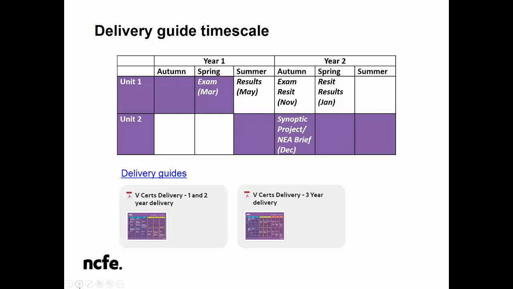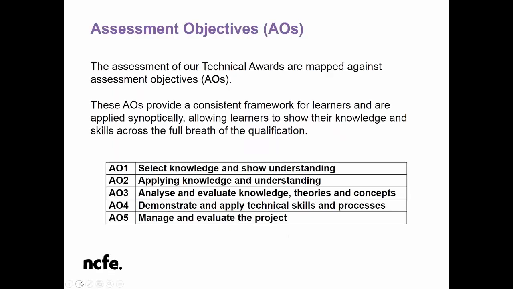As you can see from the link on the screen at the minute, that will take you to our subject page on our website, where you'll be able to get a copy of our 1 and 2 year delivery documents or our 3-year delivery document, which will give you the guidance and support needed to plan your curriculum for the different 1, 2 or 3 year delivery models.